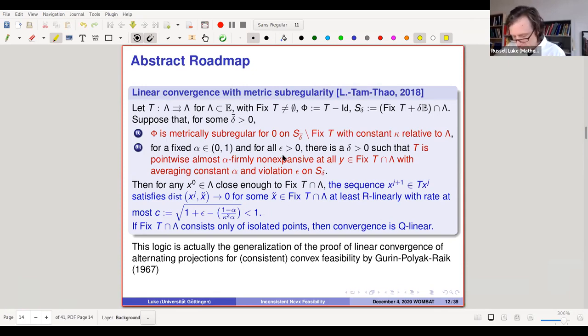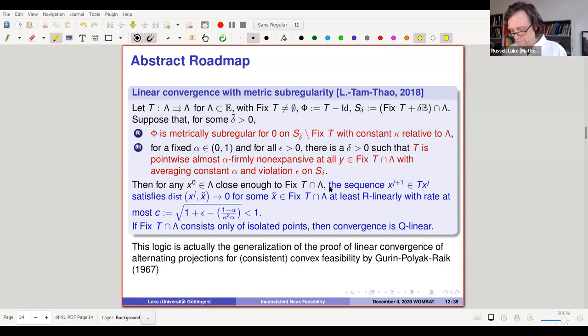For all epsilon greater than 0, this is important because if I can verify the first for some neighborhood, then for the second property, I can always find an epsilon small enough such that my mapping T is pointwise almost alpha firmly non-expansive at some point in the fixed points restricted to this subset lambda with average constant alpha and violation epsilon on this ball.